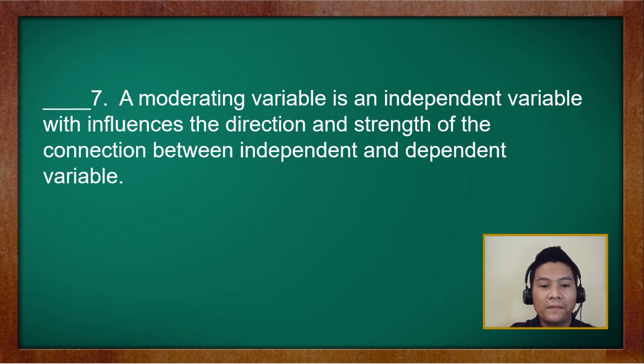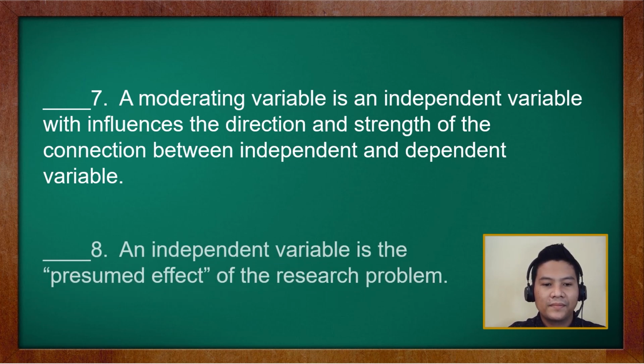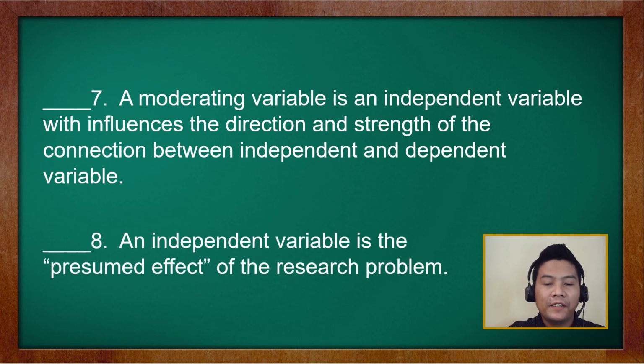A moderating variable is an independent variable which influences the direction and strength of the connection between independent and dependent variable. Number 8. An independent variable is the presumed effect of the research problem.